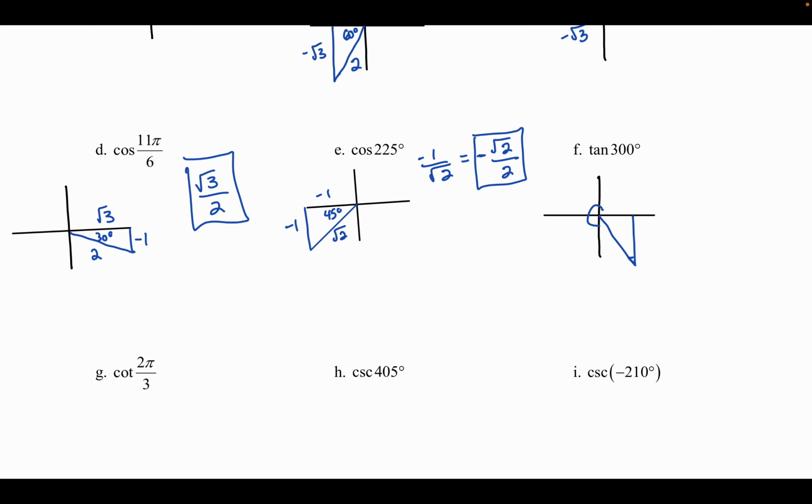This is 300 degrees. We would have 60 more to go. So the reference angle is 60. So this will be square root of 3, except it will be negative 1 and 2. So tangent would be negative square root of 3 over 1, so negative square root of 3.